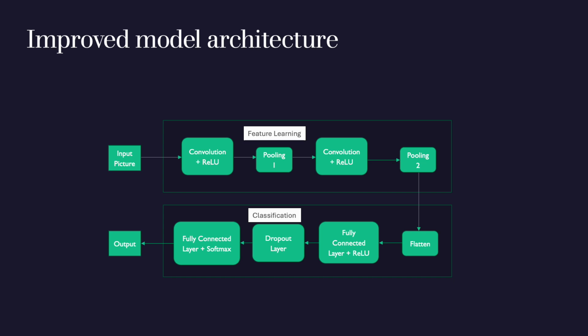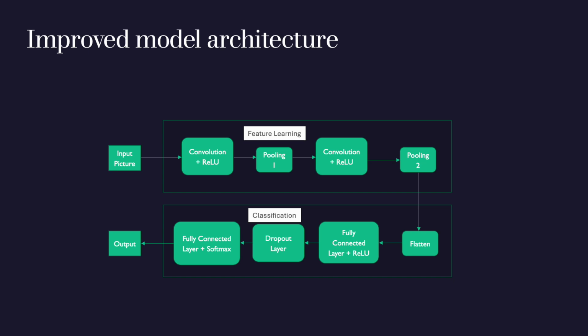Compared to the baseline, our new design introduces an additional convolution and pooling stage. The deeper network structure is specifically crafted to extract more detailed spatial hierarchies from the CIFAR-10 images, addressing the limitations we saw earlier.